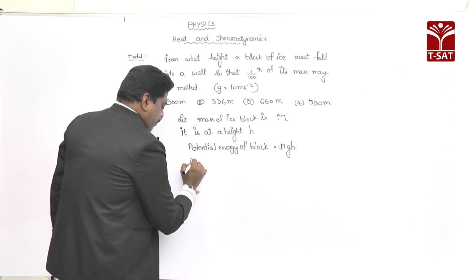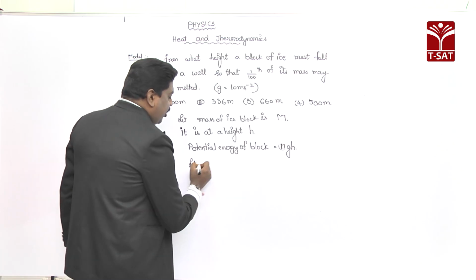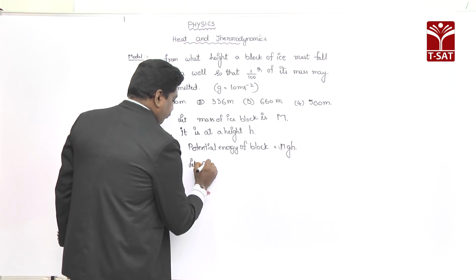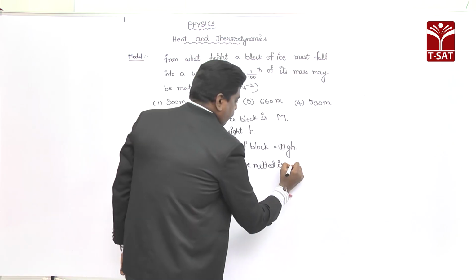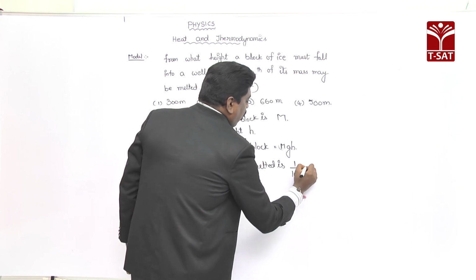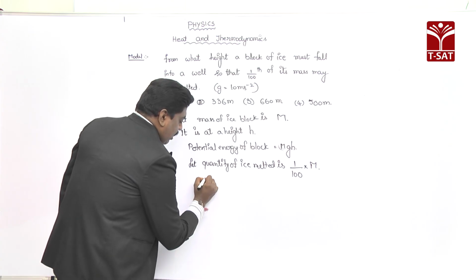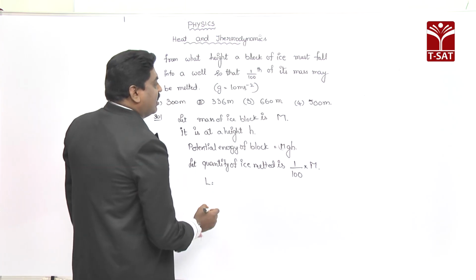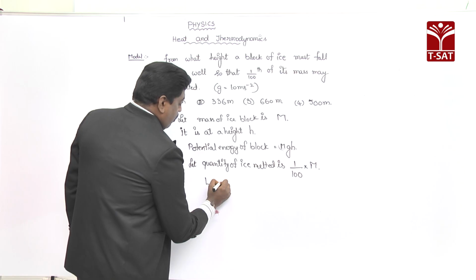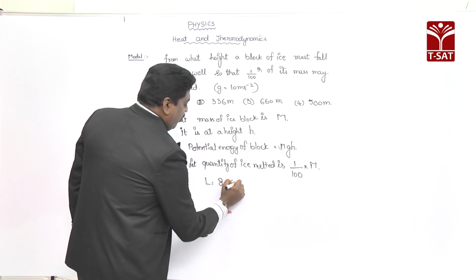Let the quantity of ice melted be 1/100 of the total mass. Latent heat of ice is given as 80 calories per gram.